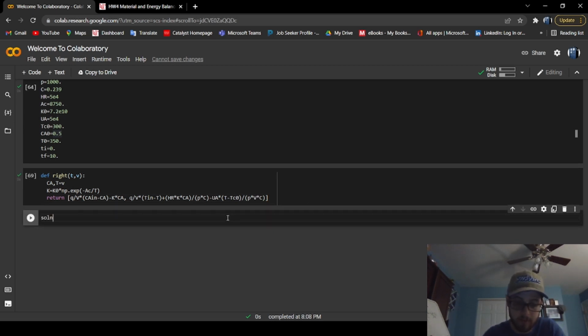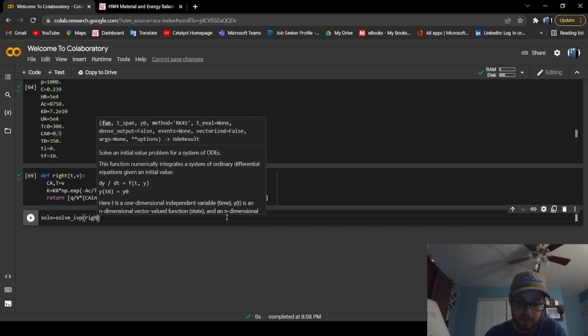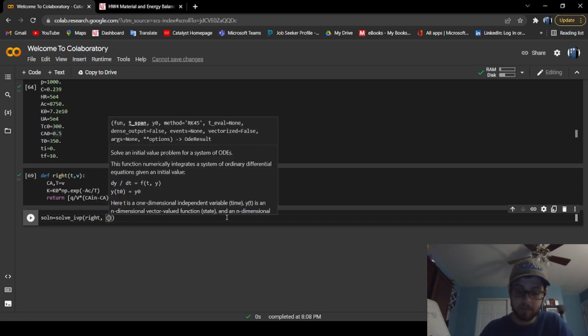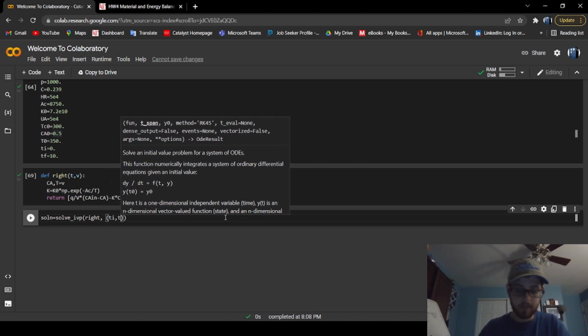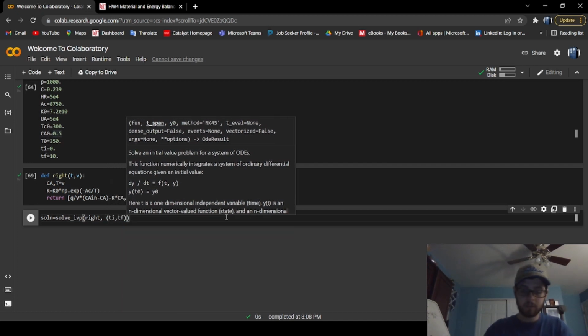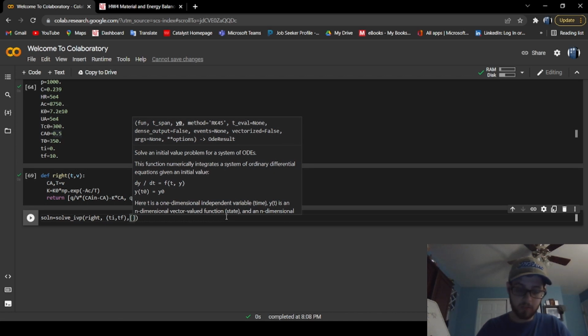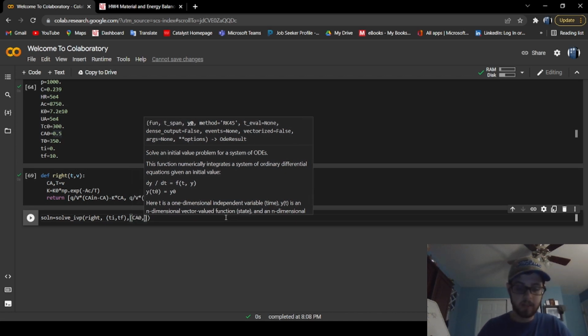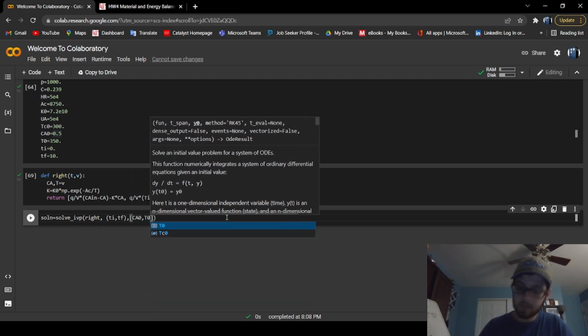The next bit of code is solve IVP. So our solution is equal to solve IVP. And that is going to be our right function. Bounds of integration are Ti to Tf. The initial conditions are Ca naught and T naught.